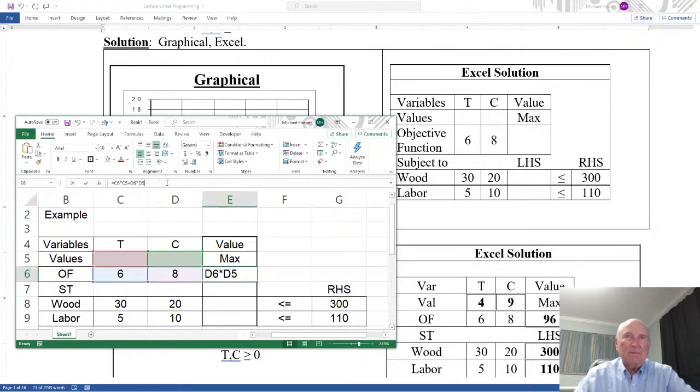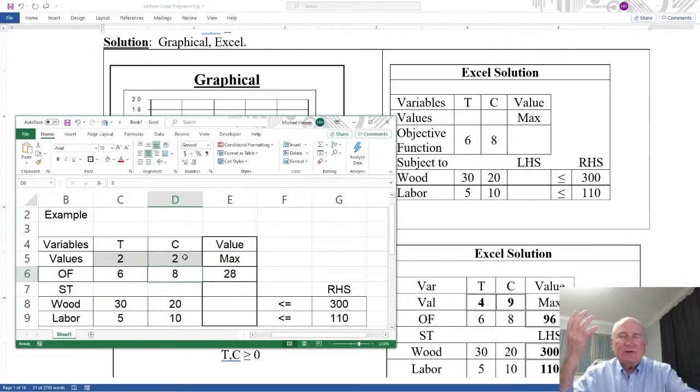There we go. So notice here's my coefficient, like in my objective function up here. There's my coefficient, 6 times my number of tables, C5, plus 8 times the number of chairs. So it's going to do this arithmetic, and whatever that arithmetic is, it's going to put it in that cell, which is going to be my profit. So if I make one table and one chair, I have $6 profit, $8 of profit, total of 14. If I make 2 tables and 1 chair, it's 12 and 8, which is 20. 2 and 2, etc., etc.